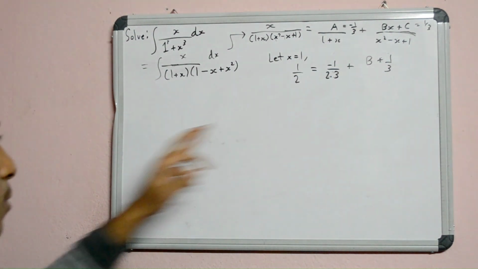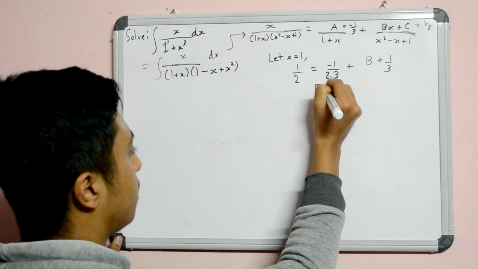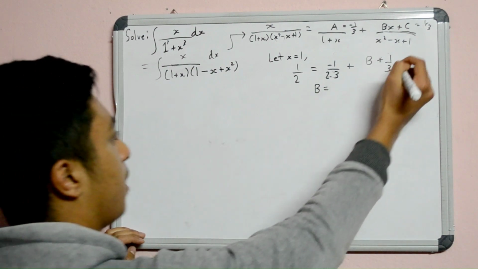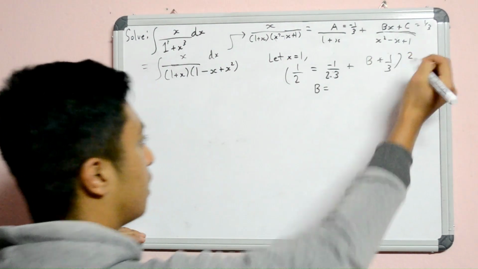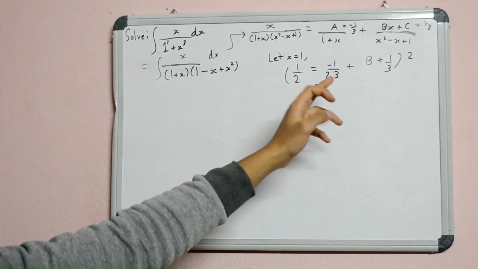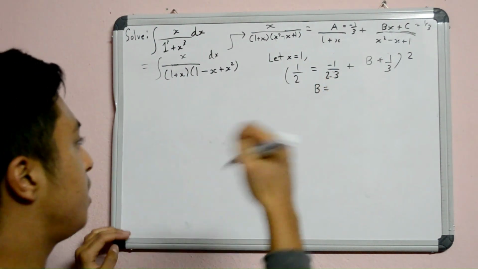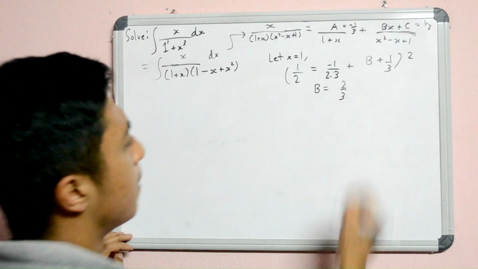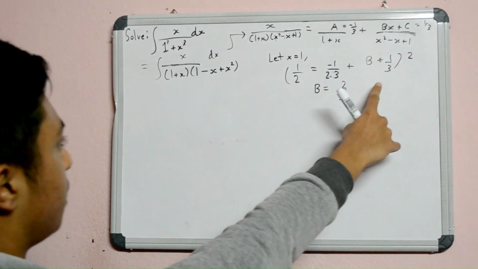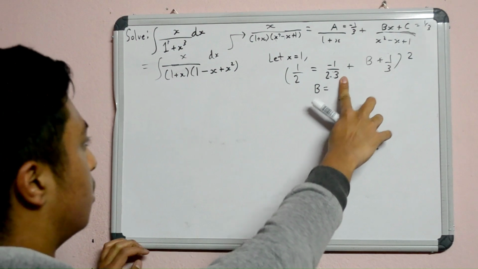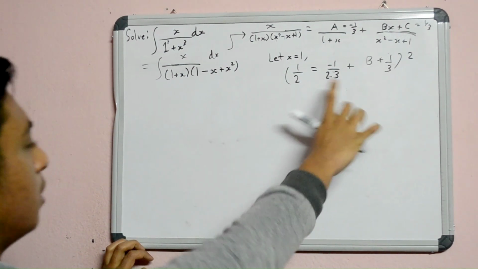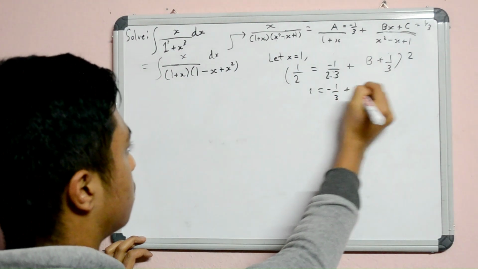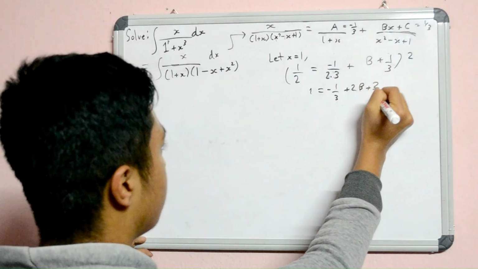Now we'll just have to do some math. Multiply everything by 2. So 1 equals minus 1 by 3 plus 2B plus 2 by 3.